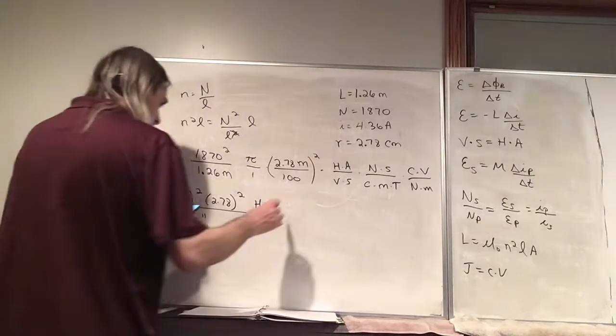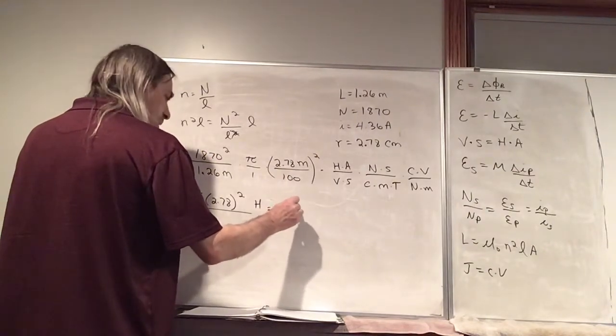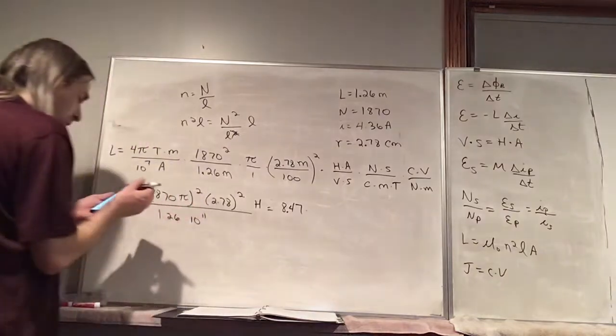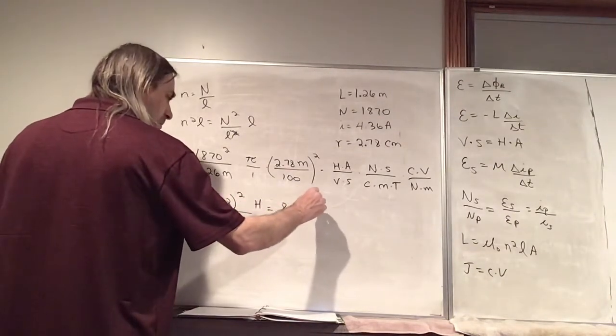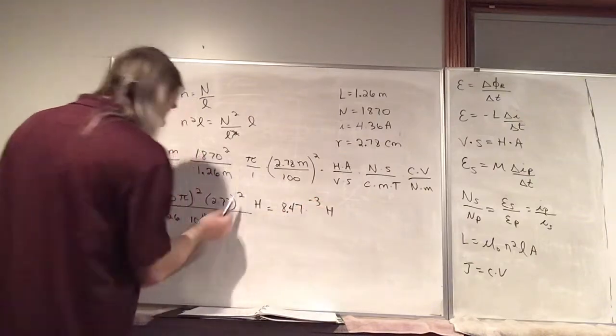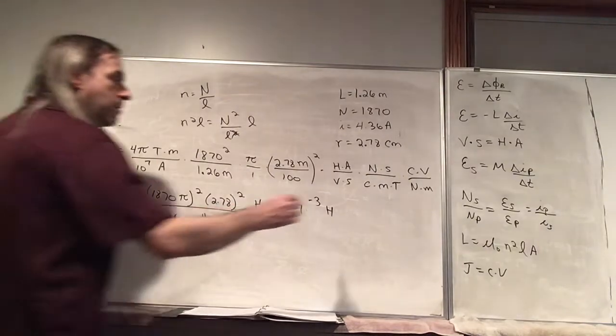So what I'm getting is 8.47 times 10 to the 8th. But then we're dividing by 10 to the 11. So I'm getting 8.47 millihenries.